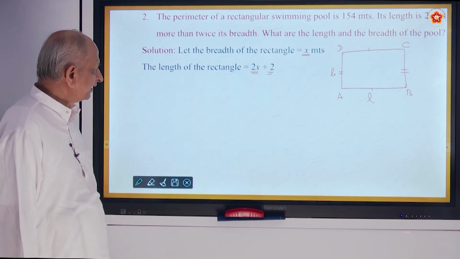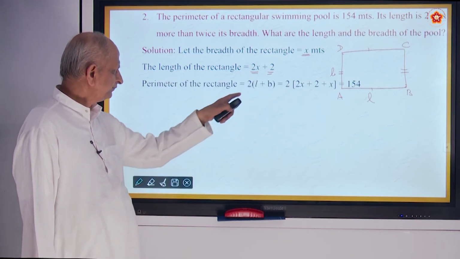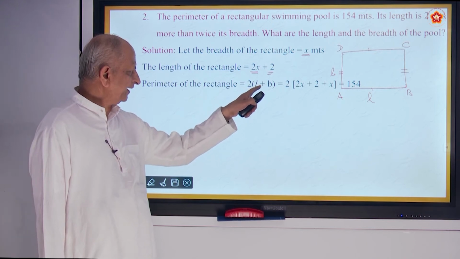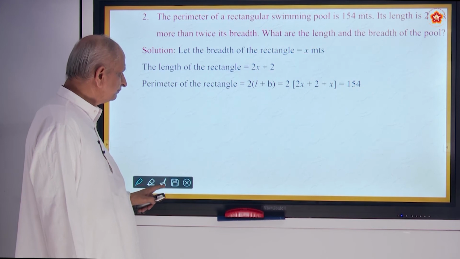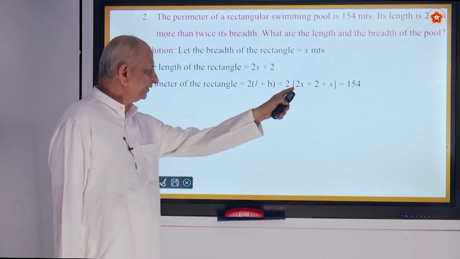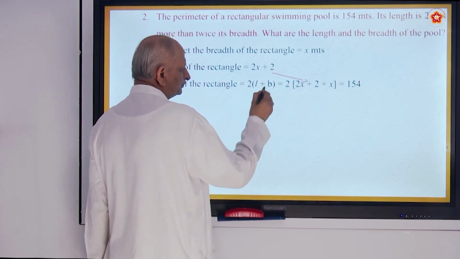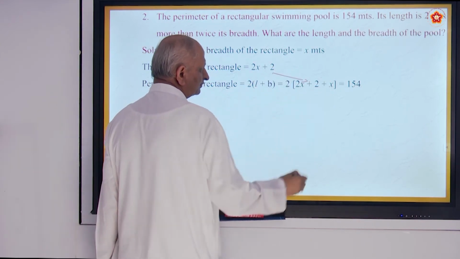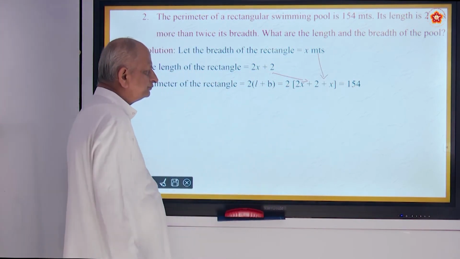Now, what about perimeter? Perimeter means 2 into (L plus B). So, L means how much? 2x plus 2, this is L. B means how much? x, we have taken B here, is it not?